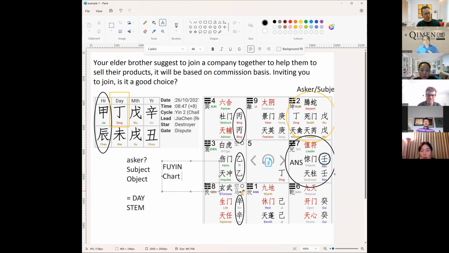There is one special condition on this Fu-Ying chart. When they see the answer, there's a combination of thing plus thing together.